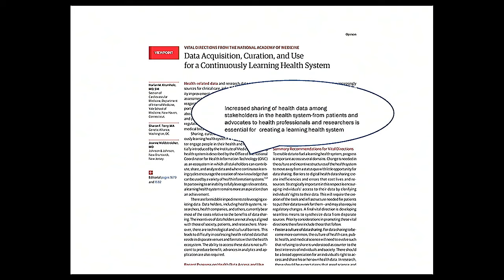Last, I just want to say a few words about learning healthcare systems, because what I was just talking about is true for secondary research across the board, but learning health systems actually rely on secondary use of data and samples. And there's certainly the need for increased sharing of health data in order for a healthcare system to work.